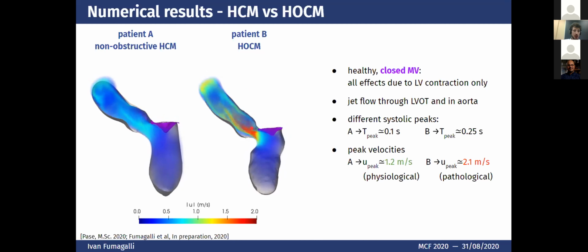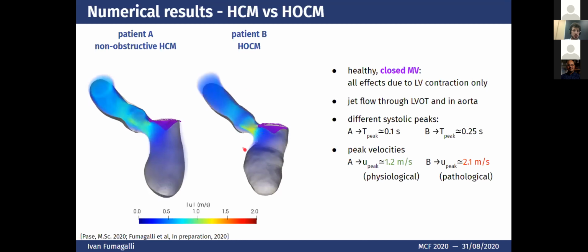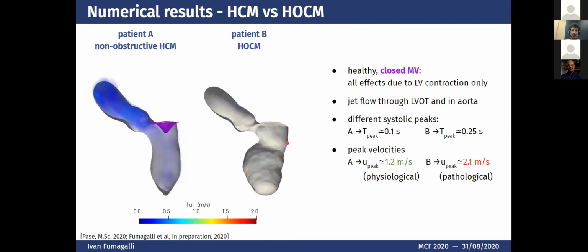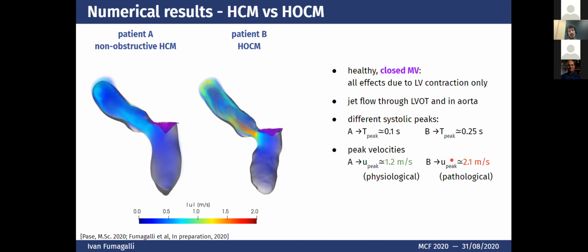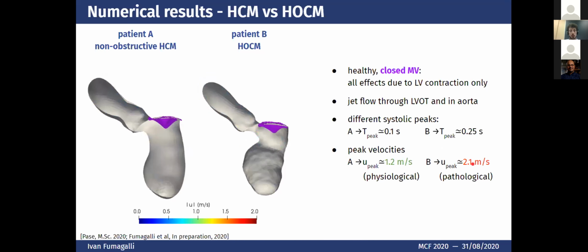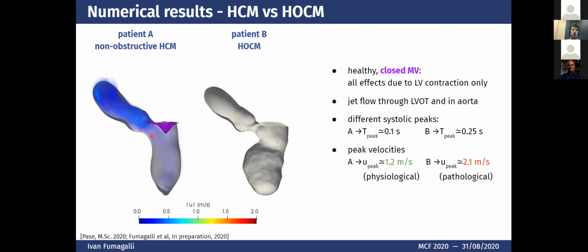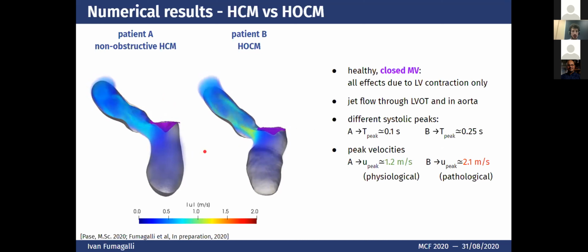And this obstruction is represented indeed by the thickening of the septum that we can observe here. This thickening increases the peak velocity that we have in the aortic orifice, that gets high up to about 2 meters per second, which is in a pathological range. Whereas when no obstruction is there, we observe a physiological range of velocity.